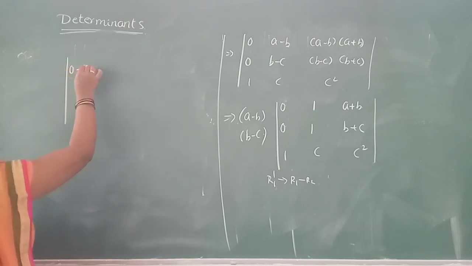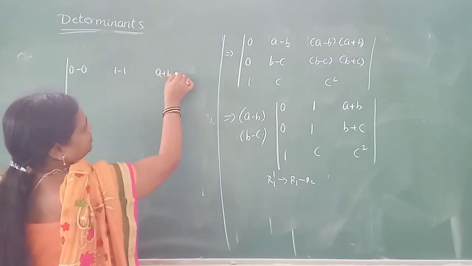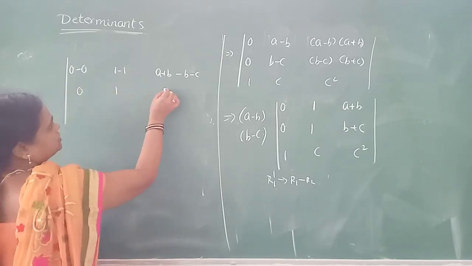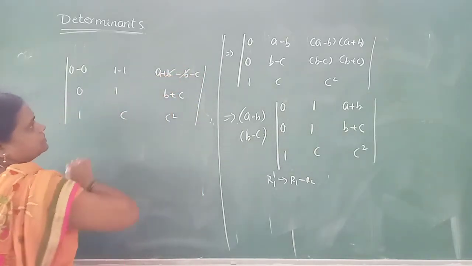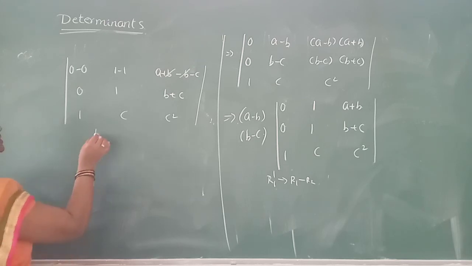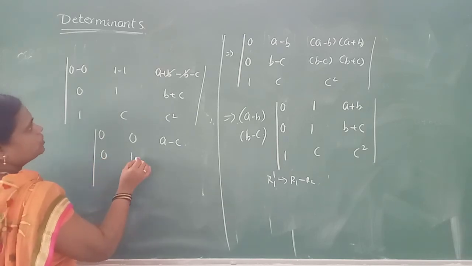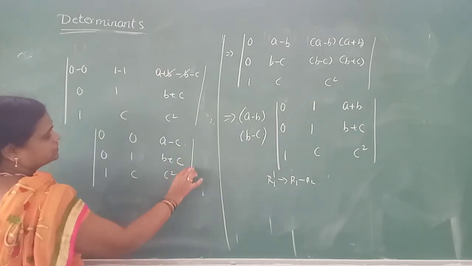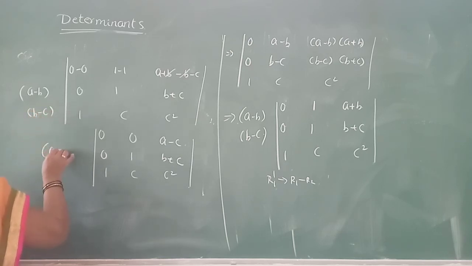We get 0 minus 0, next 1 minus 1, next A plus B minus B minus C. Only the first row changes: 0, 0, and B plus C, C plus B, where B minus B gets cancelled. And we get 0, 0, A minus C; 0, 1, B plus C; 1, C, C square. And this has A minus B, B minus C, here also A minus B, B minus C.